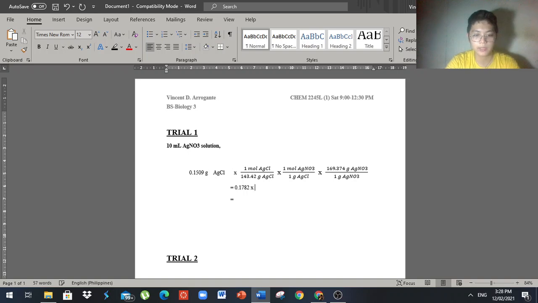Then we're going to get around 0.1782, times 10, since we only poured around 10 ml of the solution, which is 10% of the total. After that, we're going to get about 1.78.